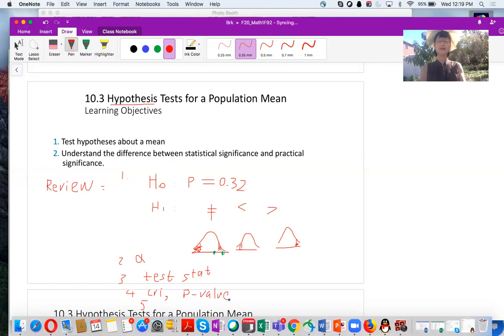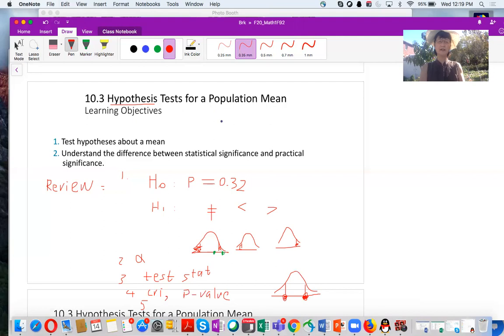P-value is the area corresponding to test statistic. So if you have two-tailed test, this is your test statistic, this point. Remember, test statistic is a result of formula. Because you have two-tailed test, you must have another point here, symmetric.